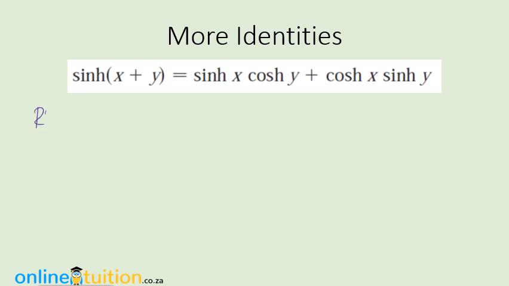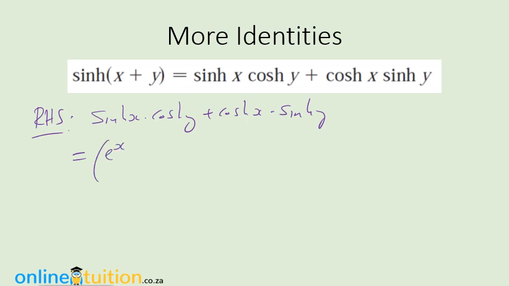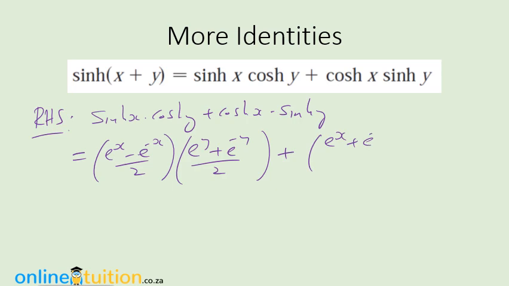The right hand side is the product sinh x cosh y plus cosh x sinh y. If I just go to the definition, that's e to the x minus e to the minus x over 2, times e to the y plus e to the minus y over 2, plus e to the x plus e to the minus x over 2, times e to the y minus e to the minus y all over 2.